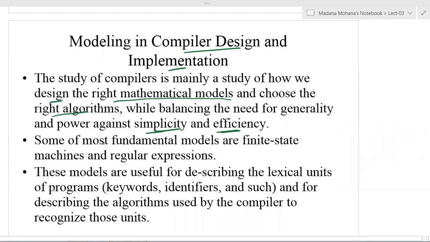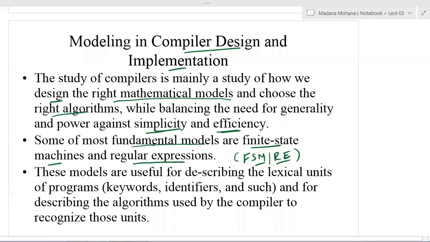Some of the most fundamental models are finite-state machines and regular expressions. These are concepts of finite automata, which we studied in the course Formal Languages and Automata Theory.